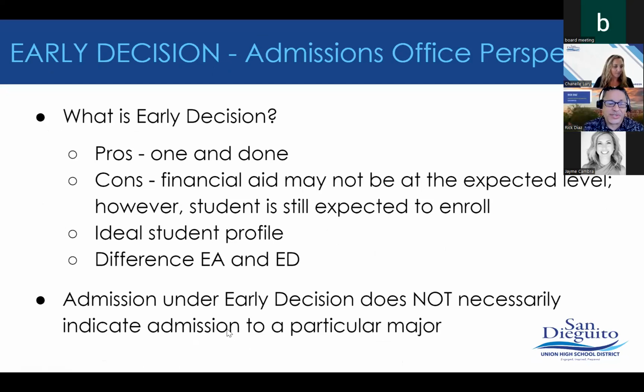So one of the questions came up, and I'll just jump into this before I go into my slide. If I apply early decision and get in, they already know I'm coming. So does that mean they're going to be a little stingier in financial aid and merit scholarships? Every school is different.